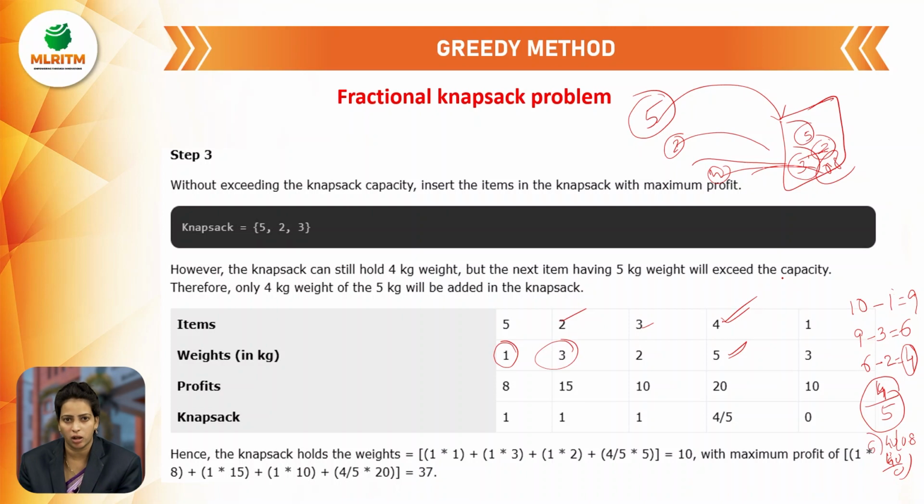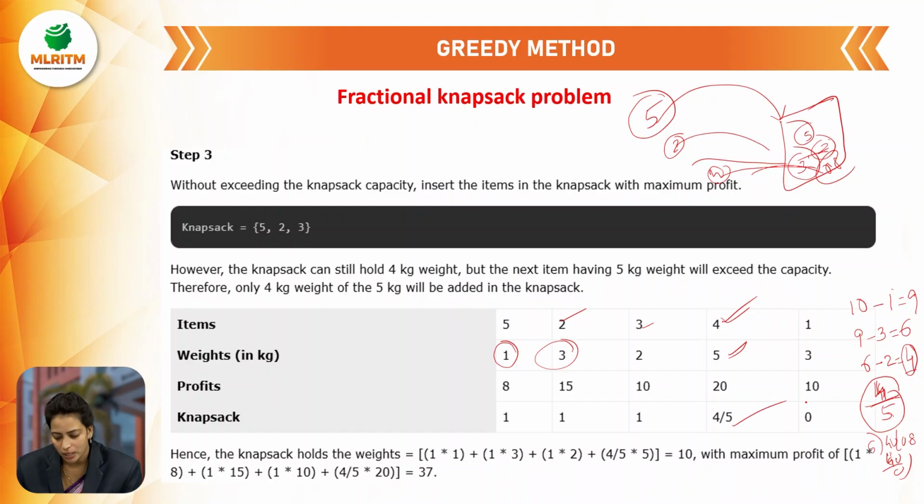Not fully placed because remaining capacity is only 4 kgs. But our fourth item weight is 5 kgs. There is no possibility of a 5 kgs item being placed into that knapsack. So that's why we consider fractional 4 by 5. Okay, right here 4 by 5.